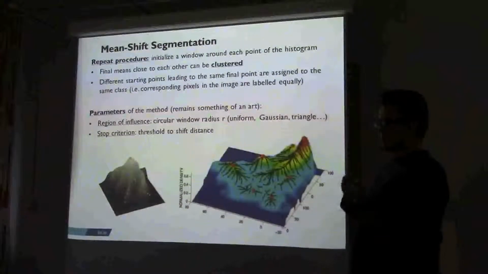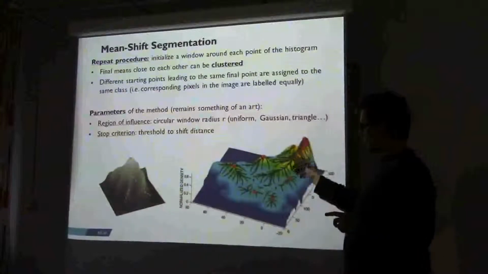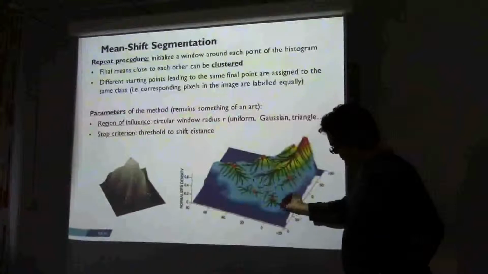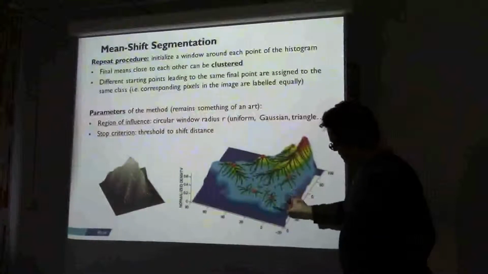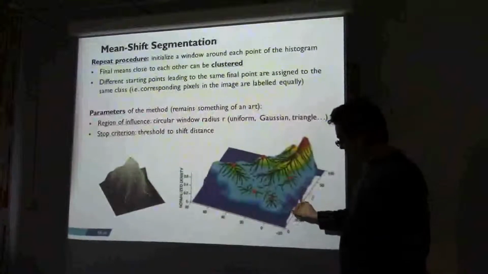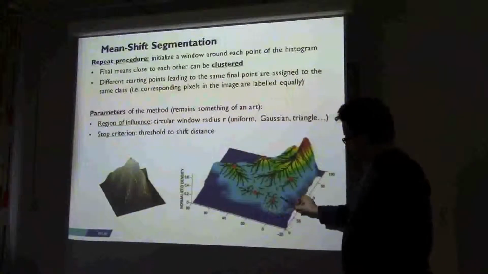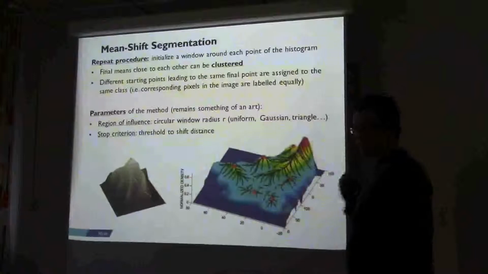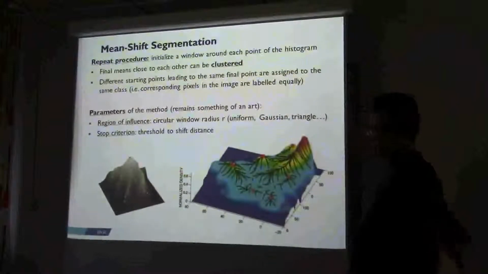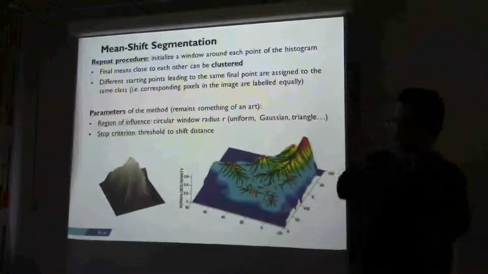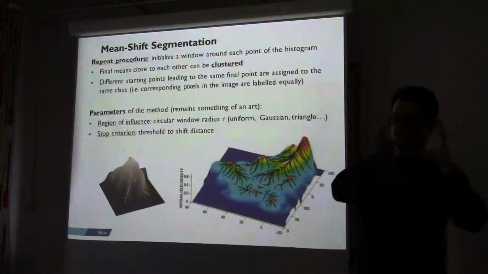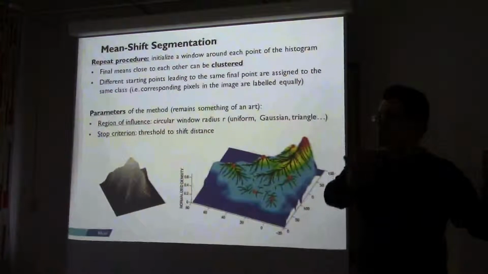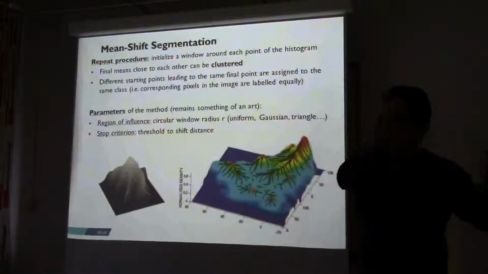So every pixel will end up in a peak, which is represented by these black segments here. So all the pixels corresponding to these different points are assigned to the same class in the image. So they are segmented, and they are assigned the same label. You don't know where they are in the image, but they will have the same label.